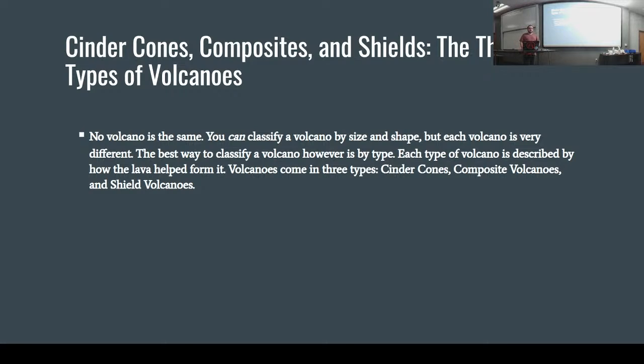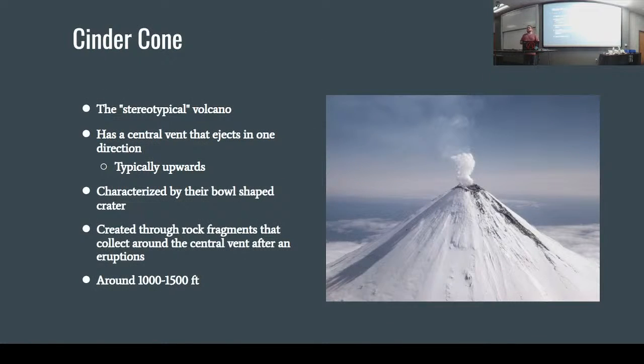Next we're going to be talking about the different types of volcanoes. So the first one we're going to get into is the cinder cone. So the cinder cone is what you would think of if you think of the stereotypical volcano. A cinder cone has a central vent that is normally pointed upwards, and it is characterized by its bowl-shaped crater.